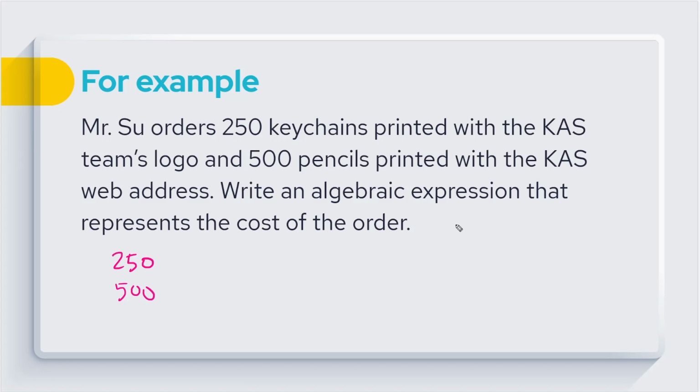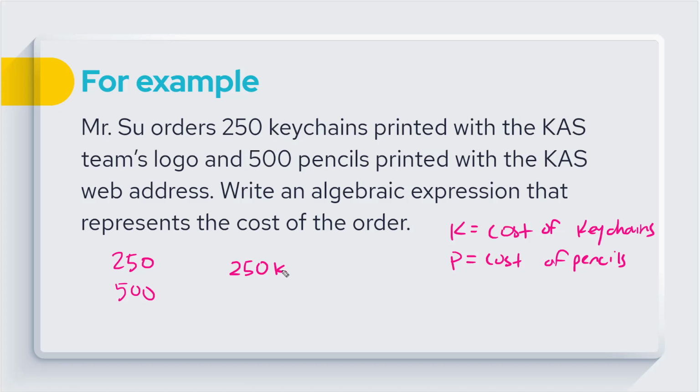You can say that K is the cost of keychains, and P is the cost of pencils. So 250K plus 500P. This represents the total cost of this order.